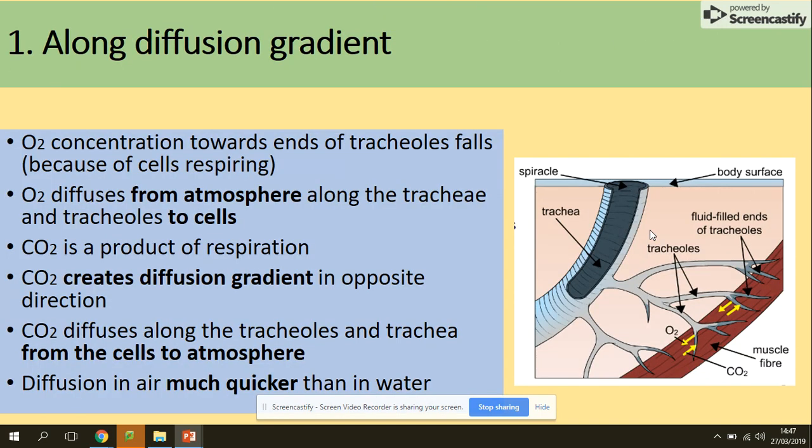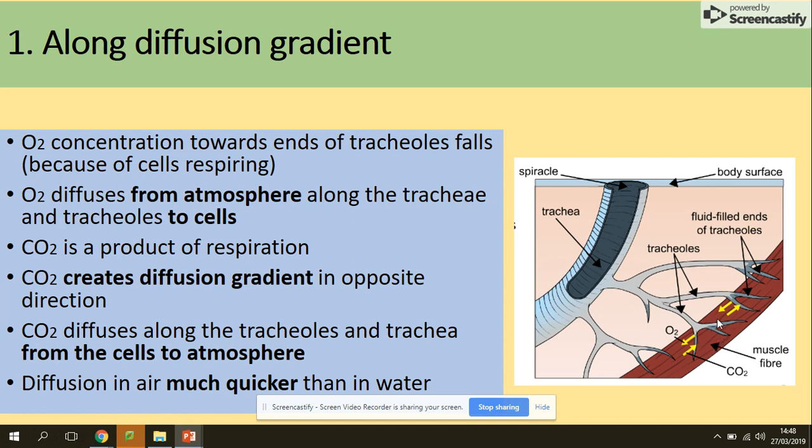So along a diffusion gradient, quite logical. Oxygen concentration towards the ends of tracheoles falls due to respiration in the cells. So oxygen will then diffuse from the atmosphere through the spiracles along trachea and tracheoles to the respiring cells. What about carbon dioxide?